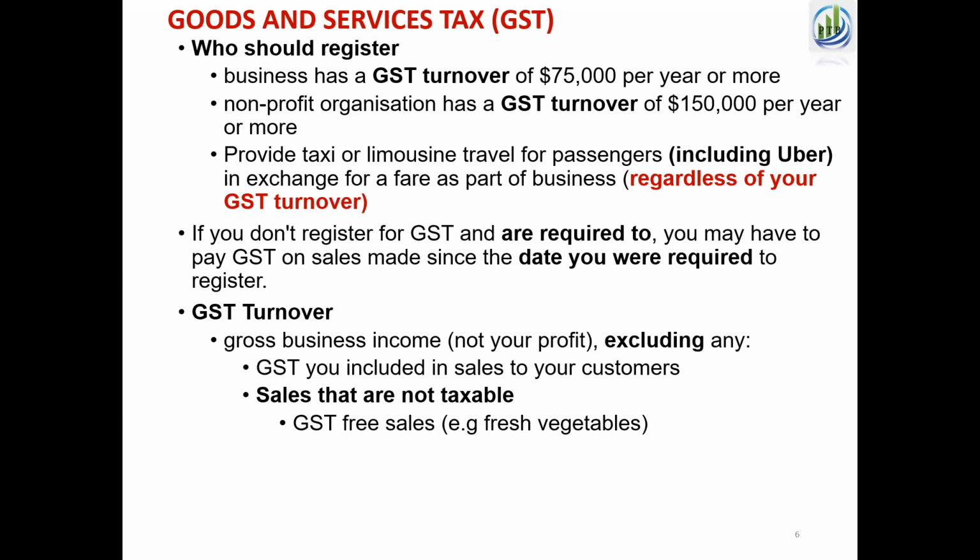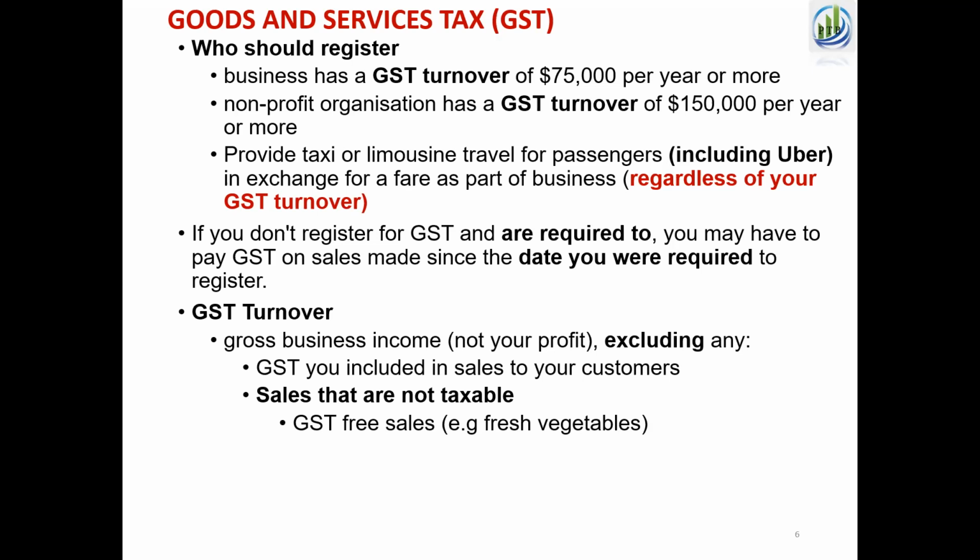Even though sales are 100,000, GST is not applicable for that sale, so it should be taken out, excluding sales that are not taxable. So how much of the sales is not taxable? All 100,000 is not taxable, for vegetables and fresh fruit and vegetables. Therefore, 100,000 minus 100,000, zero.